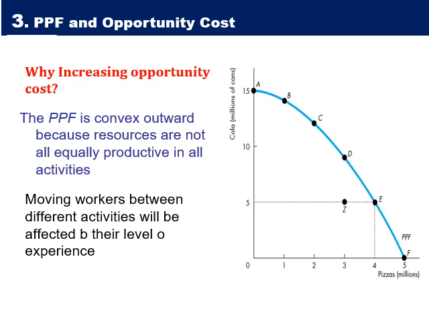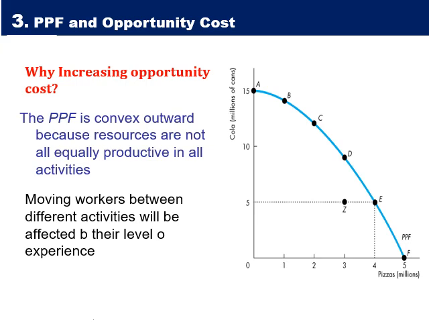So we will see that as we move resources further and further from the production of one commodity into the production of the other commodity, the reduction in the first commodity, which is pizza, will be higher than the increase in the production of the other commodity, which means that the opportunity cost of producing cola will be higher than before.